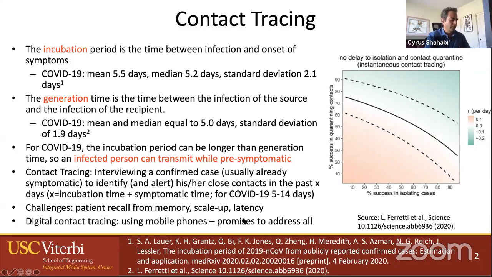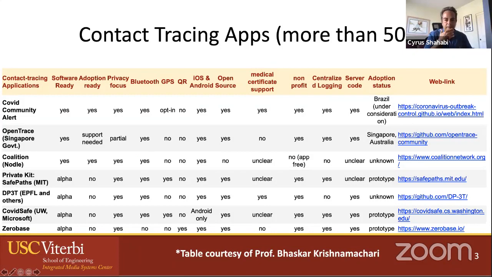Because of these challenges, the traditional contact tracing that just uses humans might not necessarily work. So one solution that we all heard of is this concept of digital contact tracing, using your mobile phones, for example, to address these challenges.